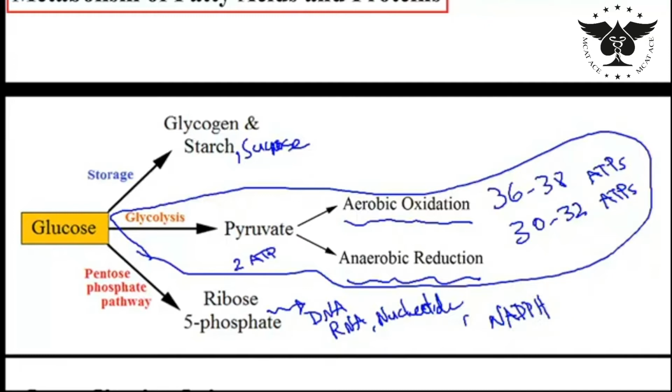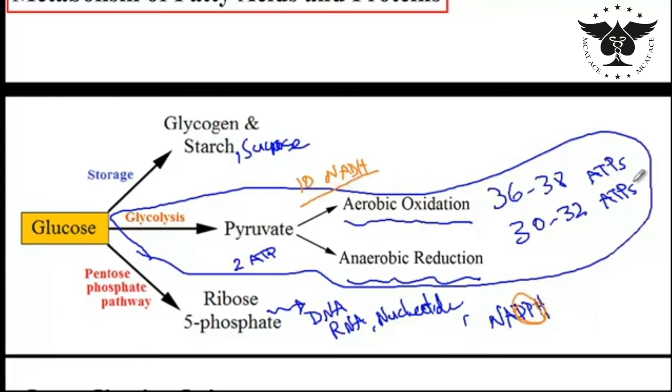Now here I'd like to point out not to confuse NADPH with NADH. If you recall glycolysis and then the citric acid cycle, they were giving us 10 molecules of NADH per 1 glucose molecule going through these reactions. Here we are talking about the pentose phosphate pathway, so we are talking about NADPH. This molecule has an extra phosphate and it's different from NADH.